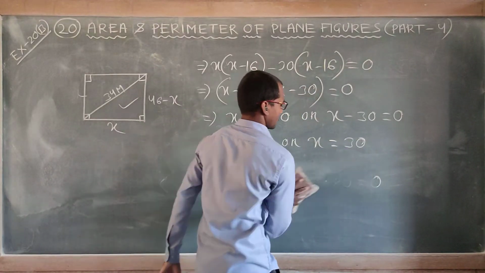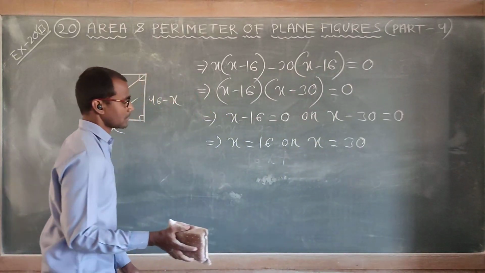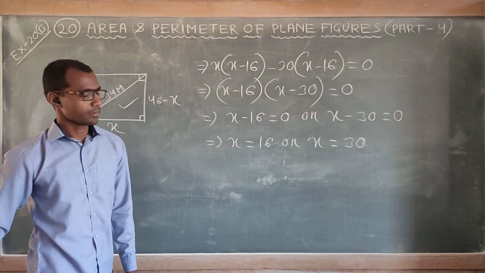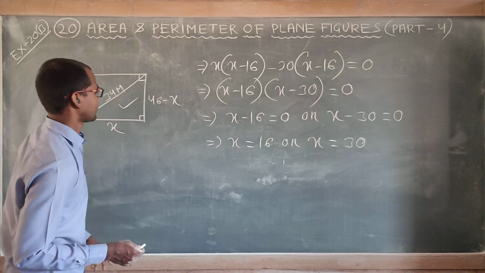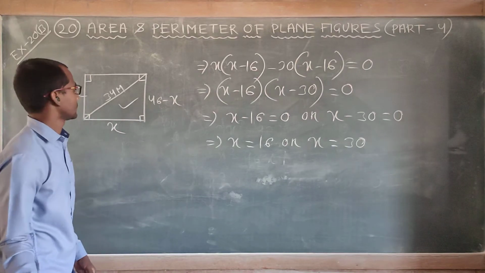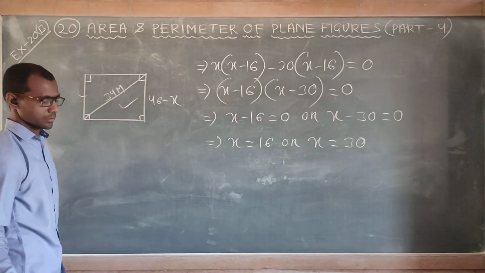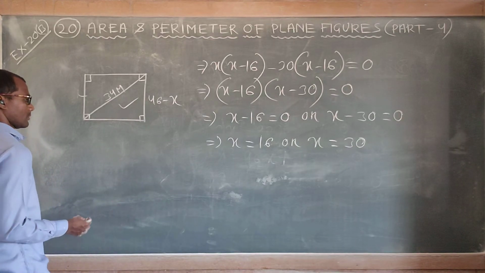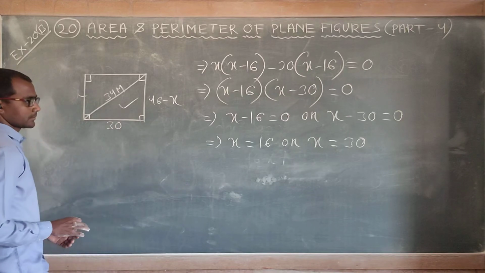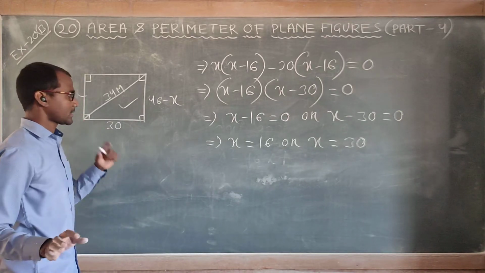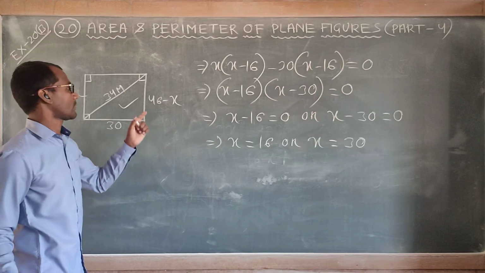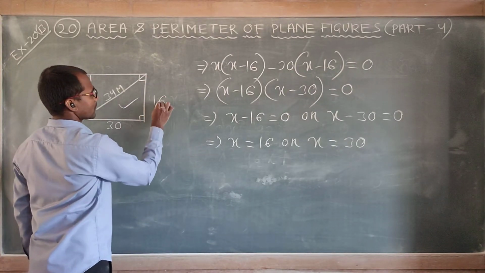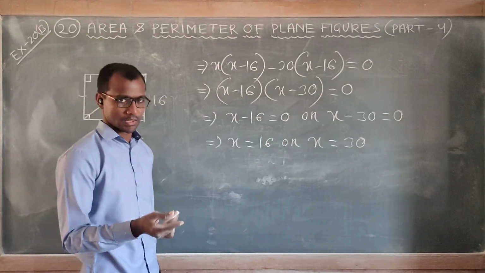You can take any value. Suppose x is 30. If x is 30, 46 minus x will be 46 minus 30, that is 16. Why did I say you can take any value?